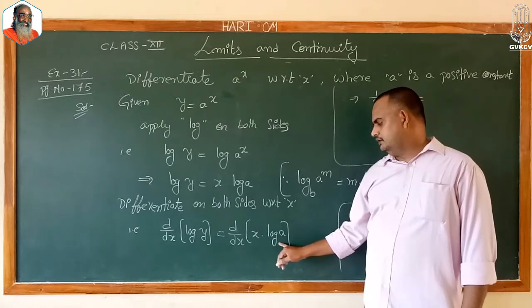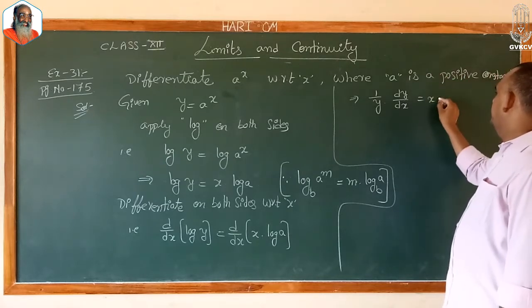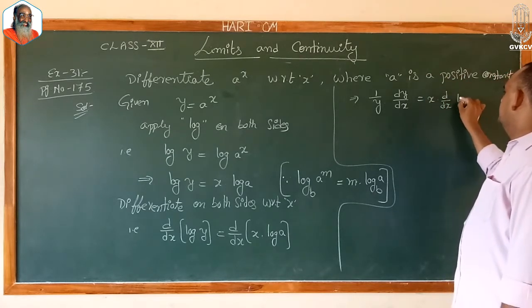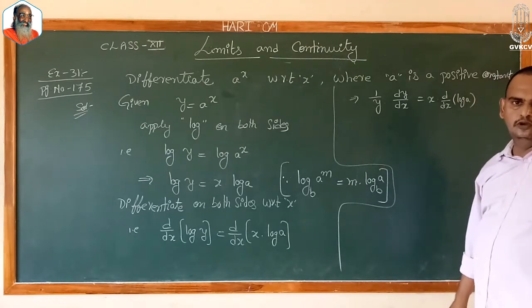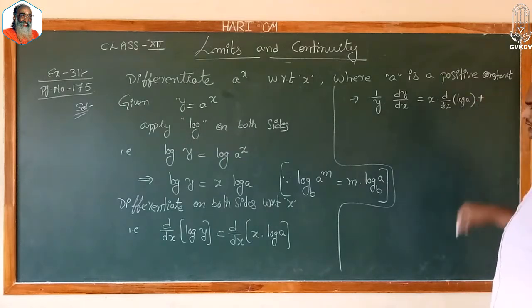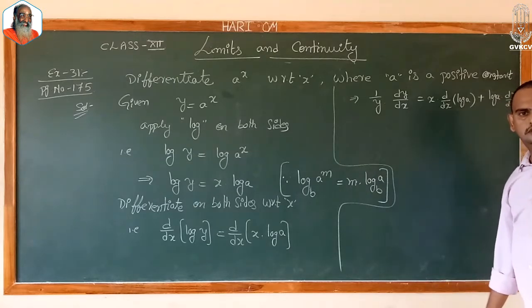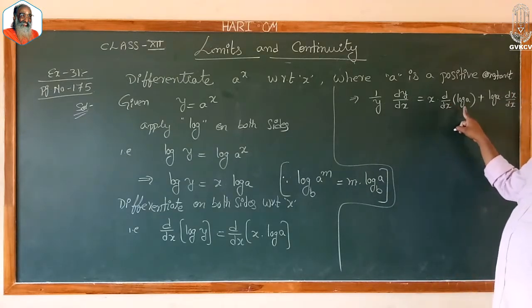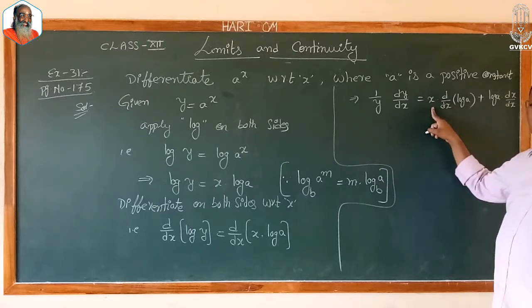So when we differentiate these, we have x into d by dx of log a, plus log a into dx by dx. In this case, d by dx of log a is a constant's derivative, which is 0. 0 into x is 0.